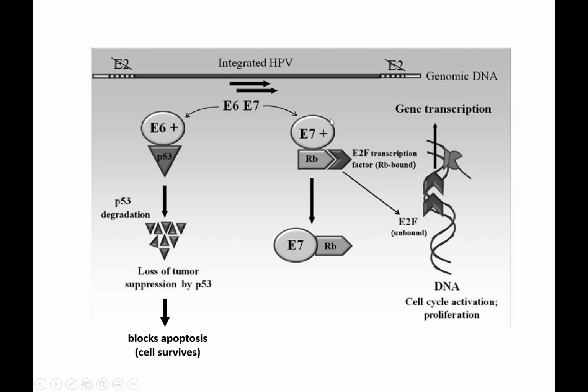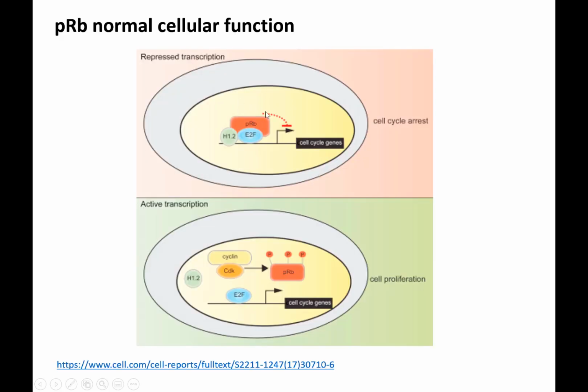HPV also has a protein E7, which binds to retinoblastoma. Okay, the way retinoblastoma normally functions is that it binds a transcription factor E2F and it stops cell cycle. So this is cell cycle genes. So RB and E2F interacting, you stop cell cycle.